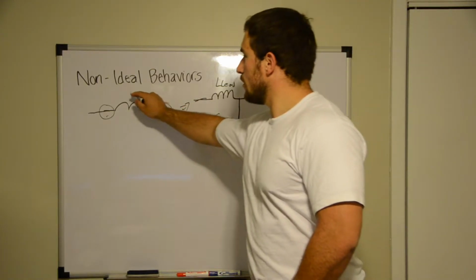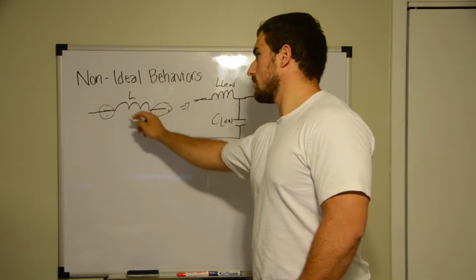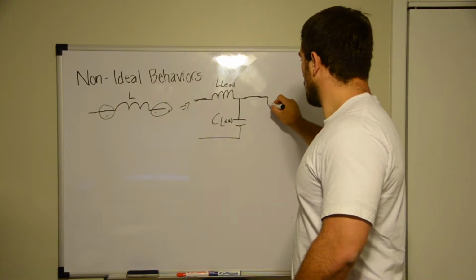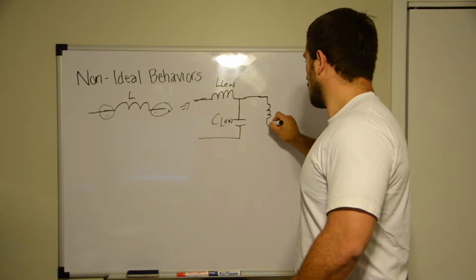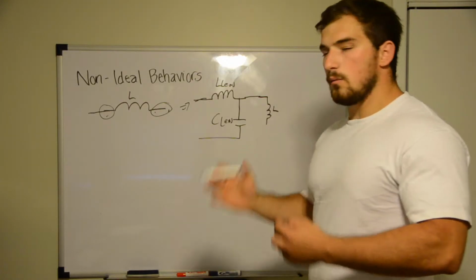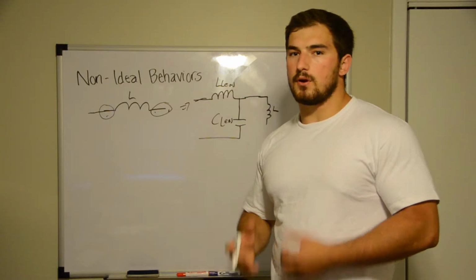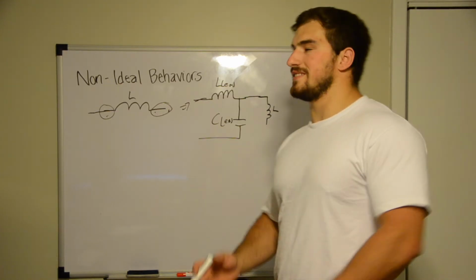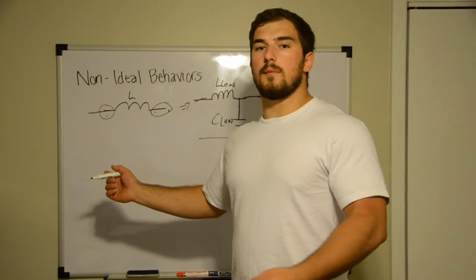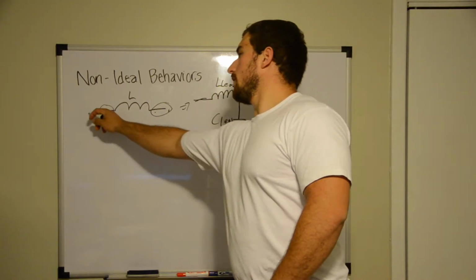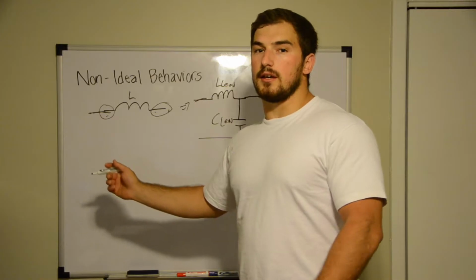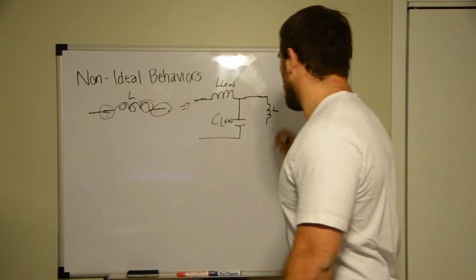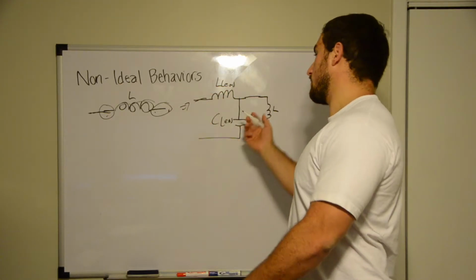Then we should reach just the normal inductance of the inductor. But then we also know that even copper or anything is not purely conductive. There's always going to be some resistance in this. As we were talking about the wire wound resistor, this basically almost looks like it. So we're going to get some resistance from all these loops in here, which is going to be in series with the inductor.